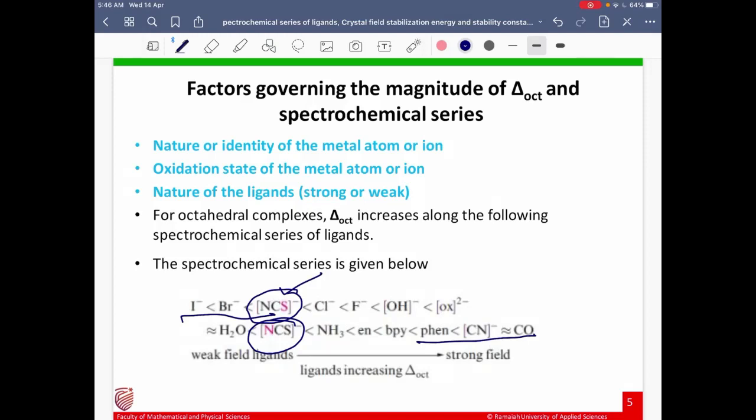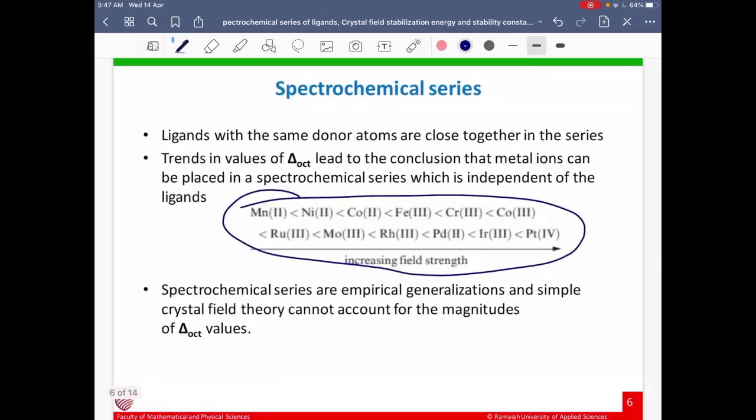It may coordinate through either sulfur or nitrogen, so it has two positions in the series. If the linkage is through the sulfur atom, then its position in the spectrochemical series is at the lower position. If the linkage is through nitrogen, then it has more influence as a strong field ligand, and it is on the right side of the spectrochemical series.